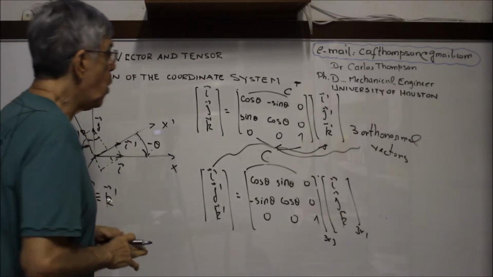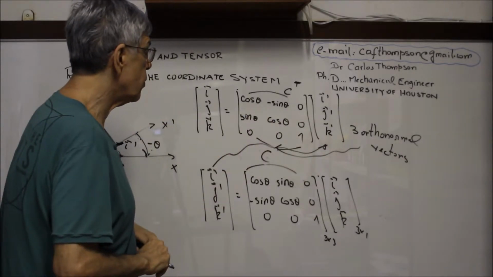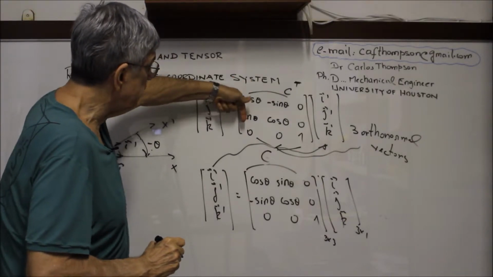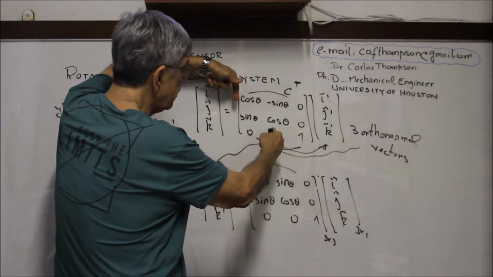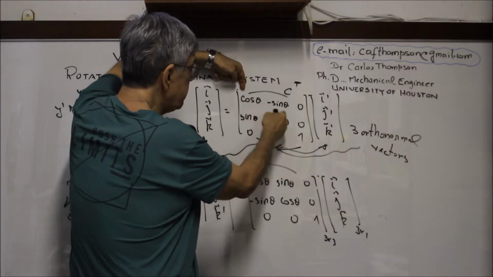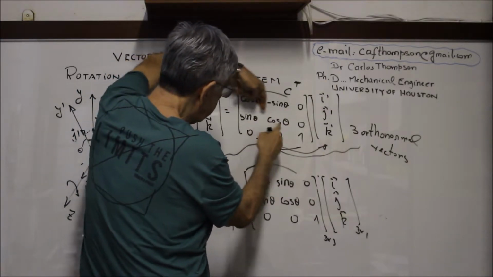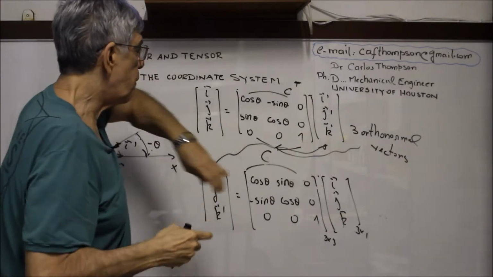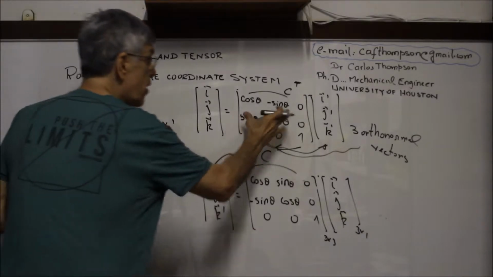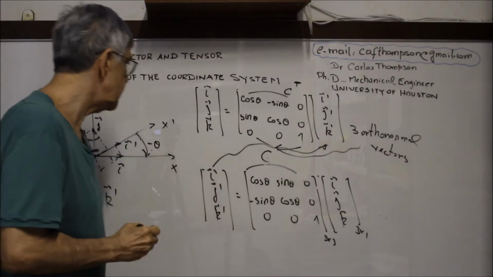Now, why are this vector and this one orthogonal? Because if you multiply the elements of this column times the elements of this column, you're going to get 0. Cosine of theta times minus sine of theta will cancel with the product sine of theta times cosine of theta. So you have 3 orthonormal vectors, then you have an orthonormal basis. Likewise, this one is the same.